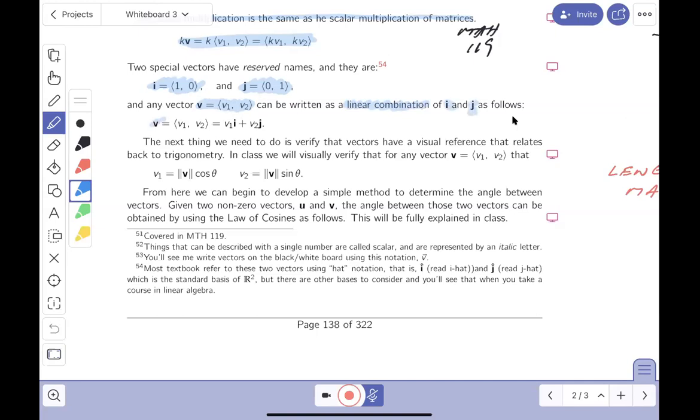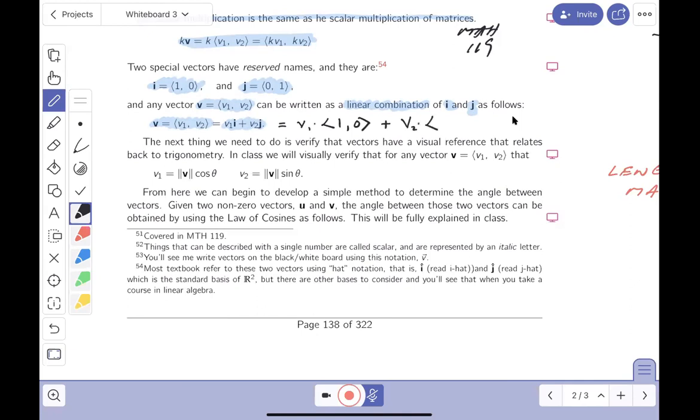So they say vector V can be written as V1 times I plus V2 times J. Let me write that down for you though. So V1, that's a scalar. And what's I? It's <1, 0>, plus V2 times J. And what's J? And these are multiplications. J is <0, 1>.